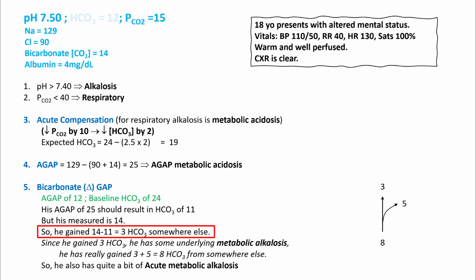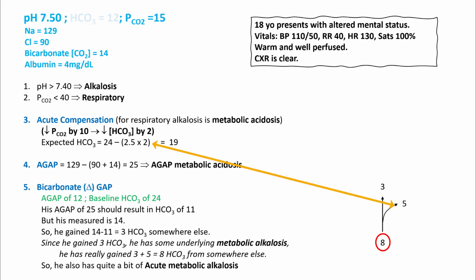And here we have to look at step 3 again because his expected bicarb was 19. If you really look more carefully, he lost 5 bicarb because he was compensating for that respiratory alkalosis. So in fact, he really gained 8 bicarb from somewhere else instead of 3. So if you look at this figure on the right, he gained 8 bicarb ions from some other metabolic alkalosis process.